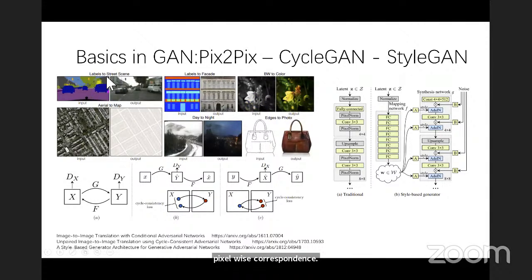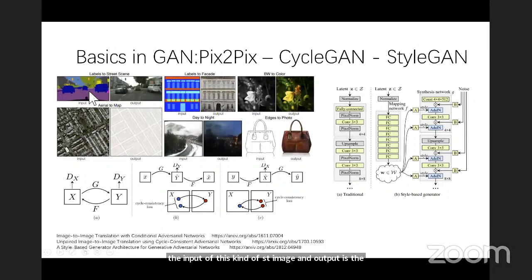If you are familiar with semantic segmentation, you will notice some images from the Cityscapes dataset. The target of semantic segmentation is that the input is a street image, and the output is a label map or GT map.